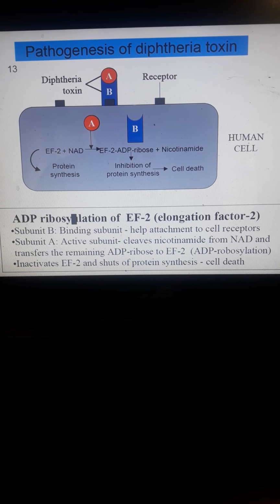Subunit A, the active subunit, cleaves nicotinamide from nicotinamide adenine dinucleotide and transfers the remaining adenosine diphosphate ribose to elongation factor 2. This ADP ribosylation inactivates EF2 and inhibits protein synthesis, which leads to cell death.